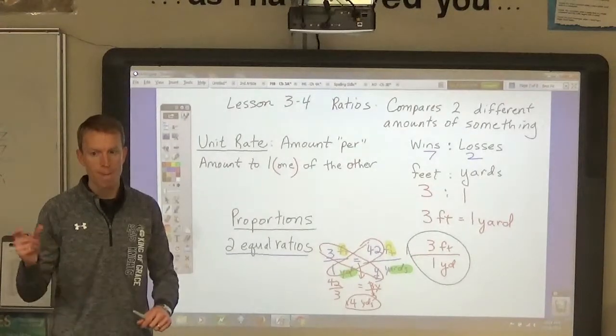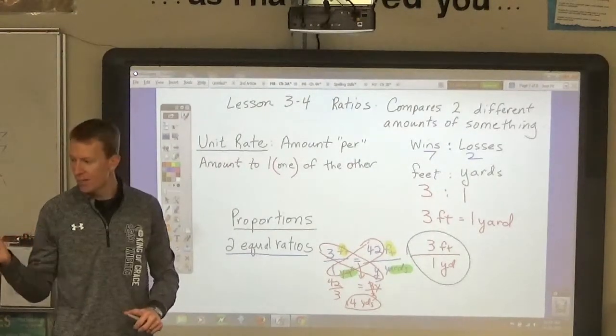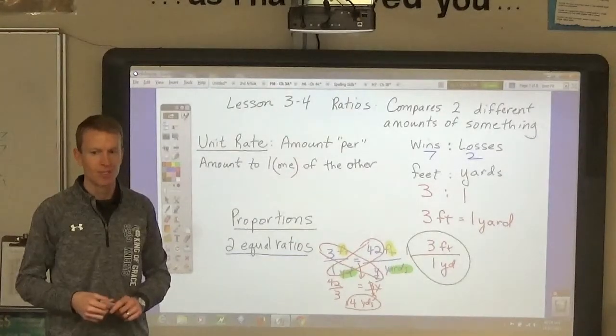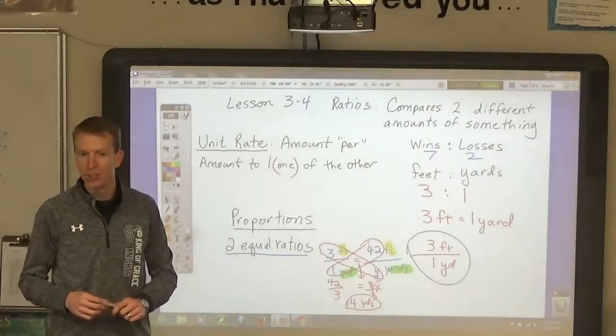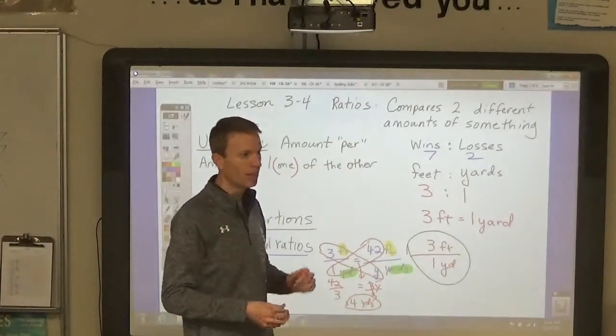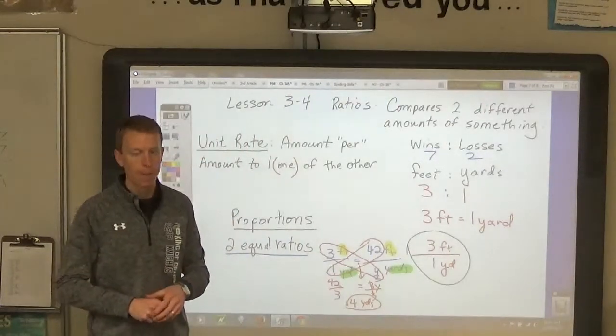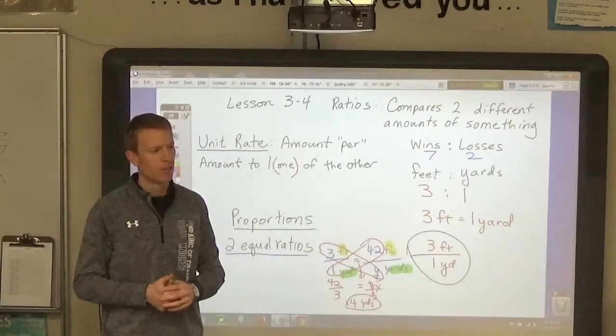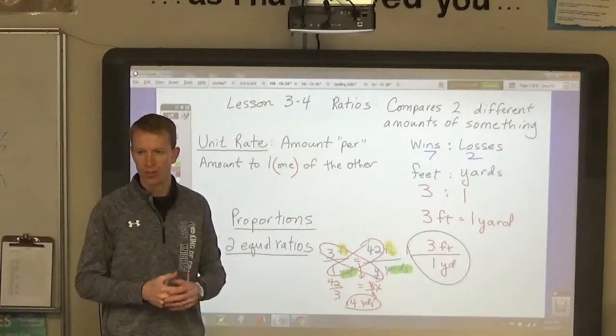Feet to miles. How many feet are in a mile? Feet to inches. How many inches are in a foot? 12 inches. Yep. What other do you know?